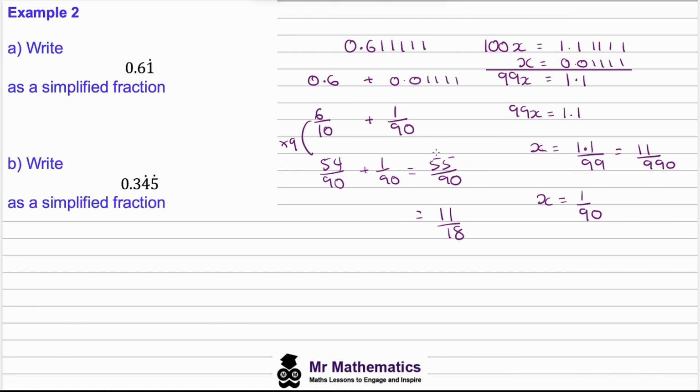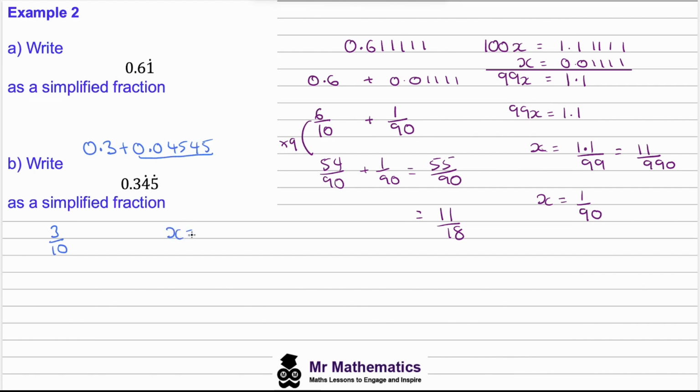Let's try question B. So we need to break this up. We'll have the 0.3 plus the 0.04545 and so on. And we know that 0.3 is 3/10. So we need to write this one as a simplified fraction.